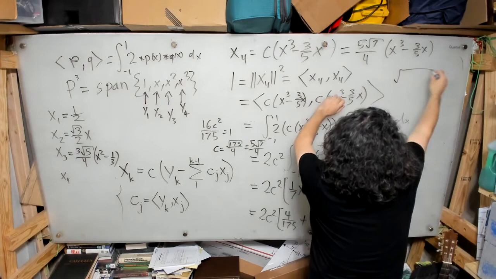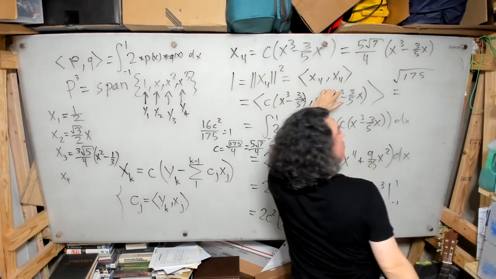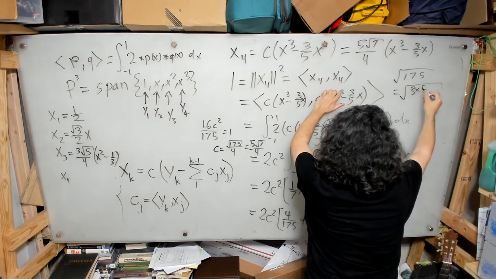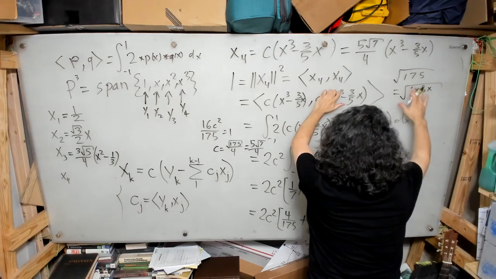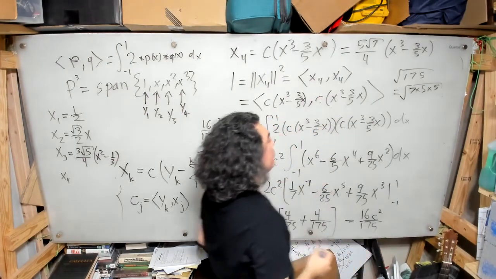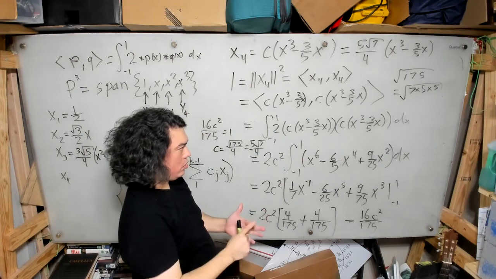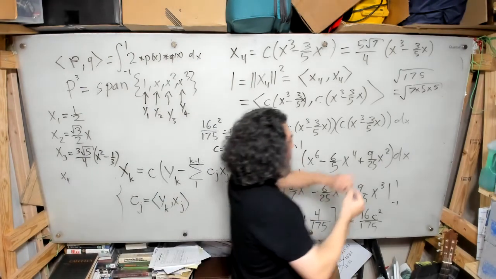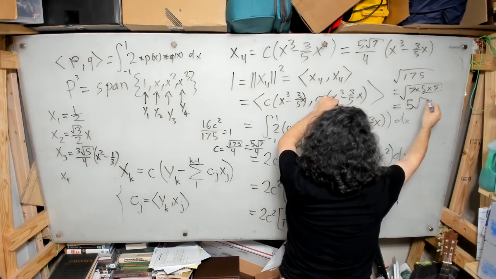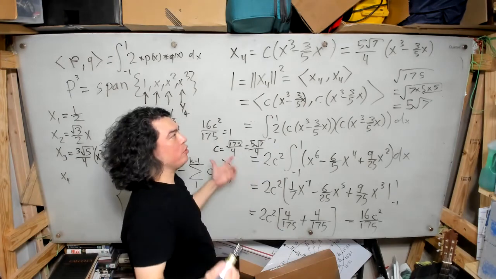We know that 175 is 7 times 25, so it'll be the square root of 7 times 5 times 5, right? Let me see. Yes. And so you can see here, this pair of 5s, I can pull it out of the square root, so it's 5 square root of 7. So that's how I got the numerator. And the bottom is just the square root of 16. 4 times 4 is 16.